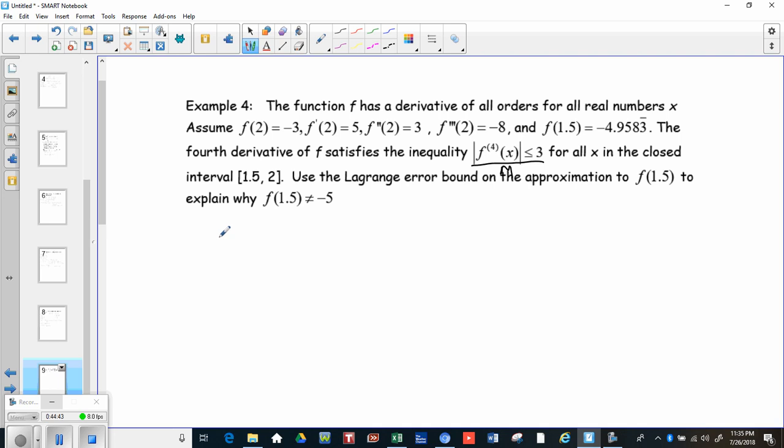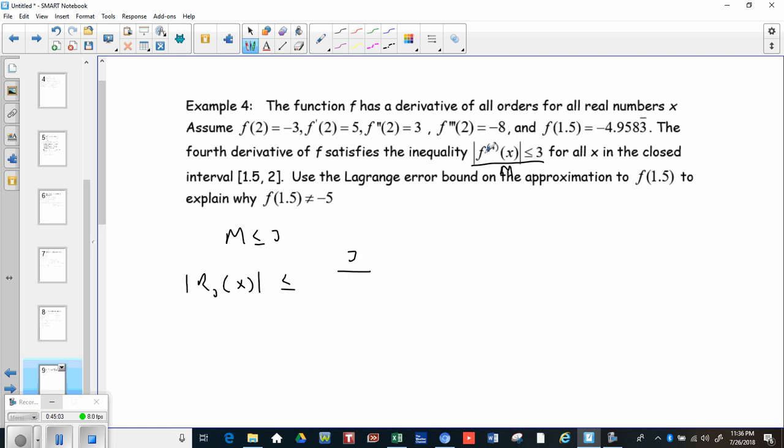If I know that m is less than or equal to 3, that's given to us here, then the maximum remainder of our third degree Taylor polynomial has to be less than or equal to that m.